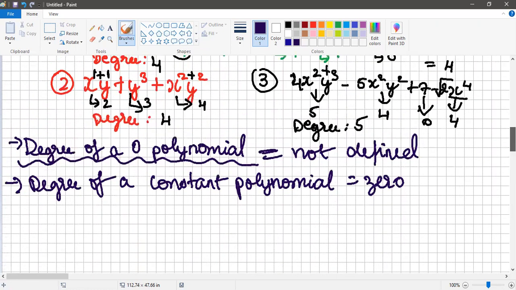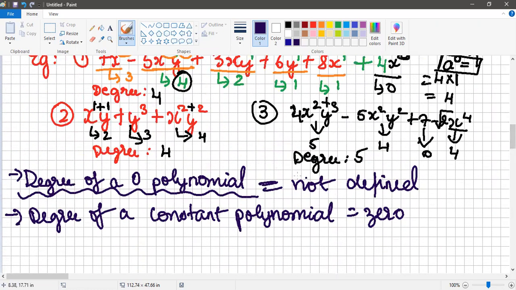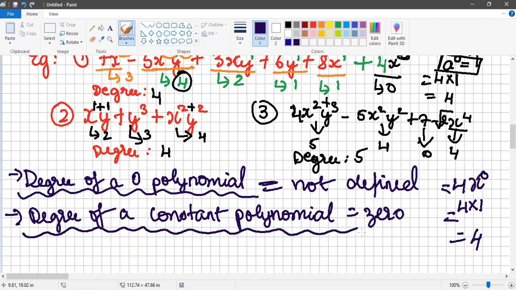That means there's only a constant there, right? So therefore, in this case, we saw for 4, it was nothing but x raised to the power of 0, which is nothing but 4 into 1, which is nothing but 4. So therefore, the degree of a constant polynomial is nothing but 0. Remember, the degree of a constant polynomial is equal to 0. I hope it was clear so far.